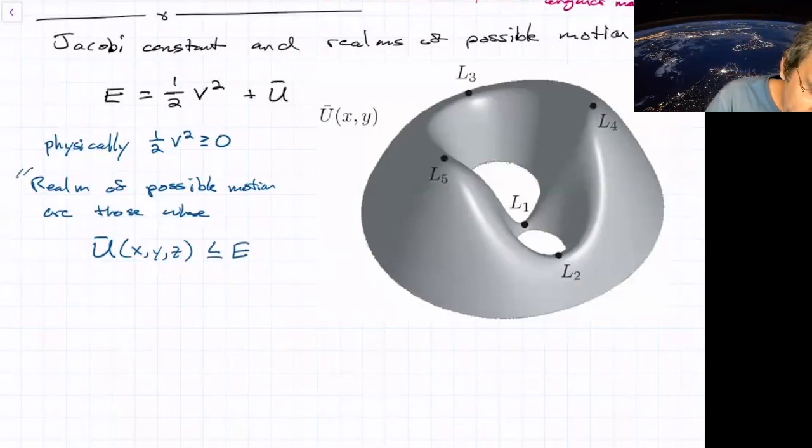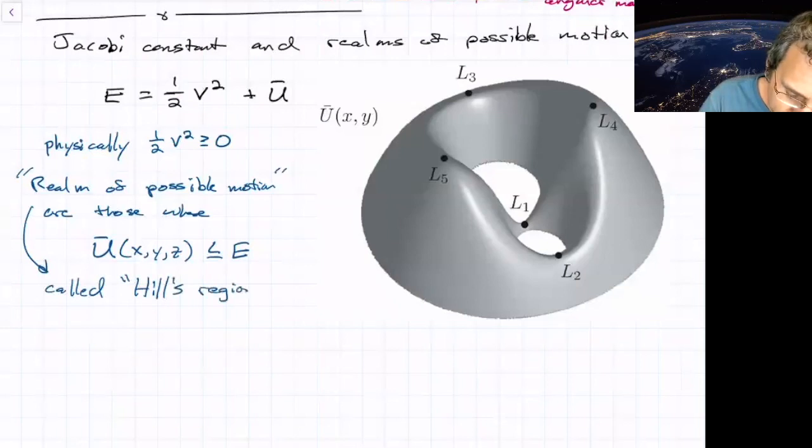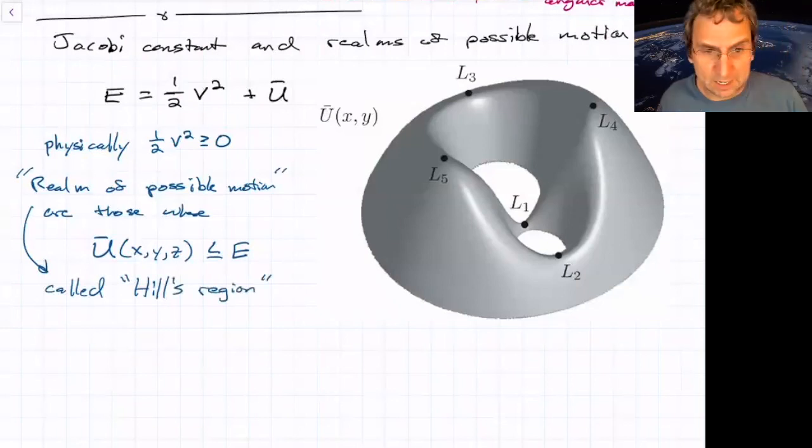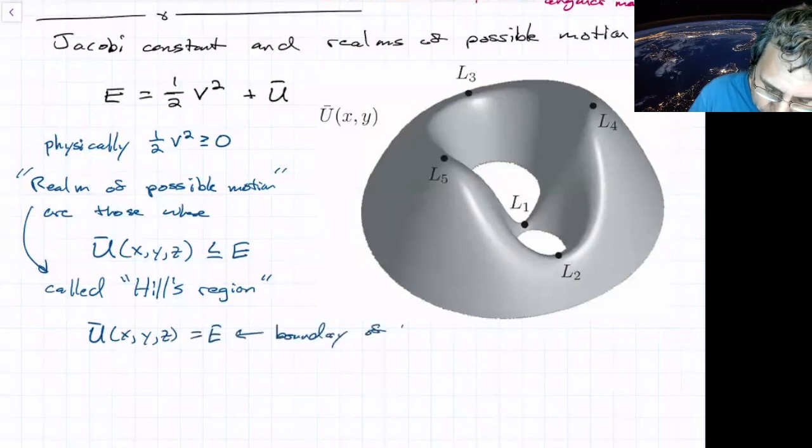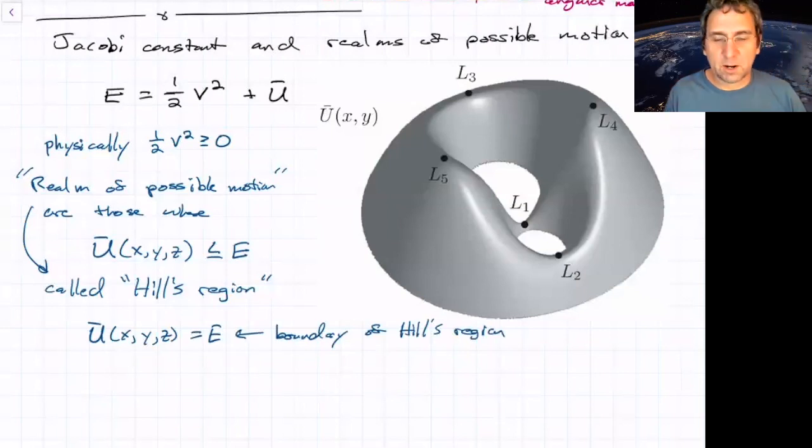We usually don't use this phrase, realms of possible motion. The realm of possible motion is called the Hill's region, after a celestial mechanician named Hill, who worked on this. And often what people will look at is where u bar of x, y, z equals E. This is the boundary of the Hill's region, and it corresponds to where the velocity in the rotating frame, v, goes to 0.